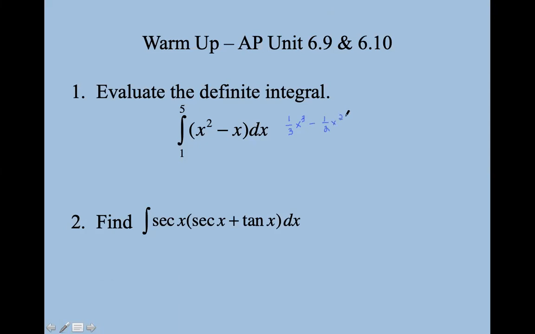And we are evaluating that from 1 to 5. So first I put a 5 in everywhere. So 1/3 times 125, I'll have 125/3 minus 5 squared is 25, 25 halves.